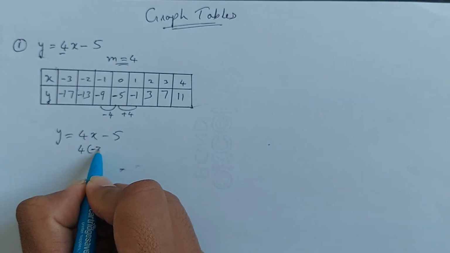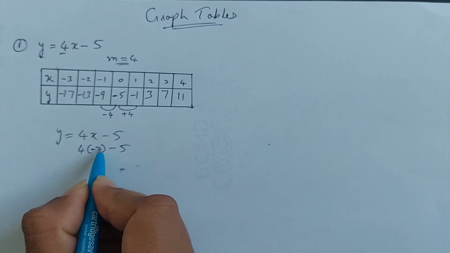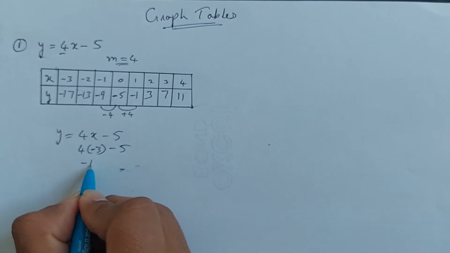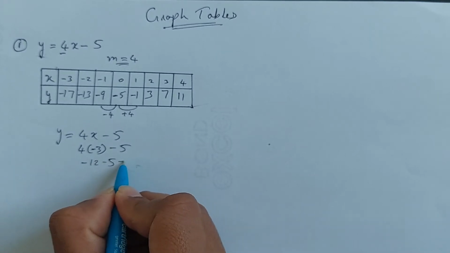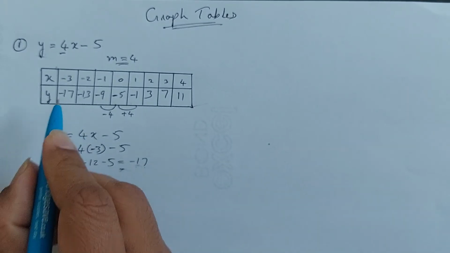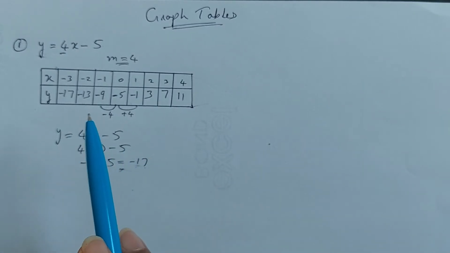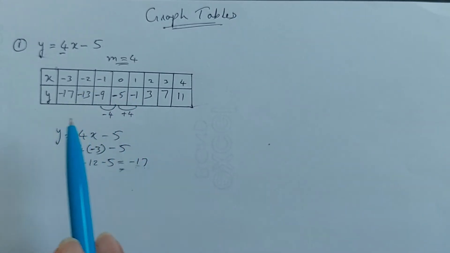This is the substitution method, another method. 4 times 3 is 12, and there's a minus, so it's -12 minus 5. That gives you -17. Either you can go substitution method or the quick gradient and intercept method to get the coordinates done.